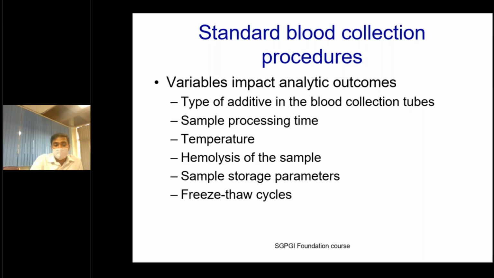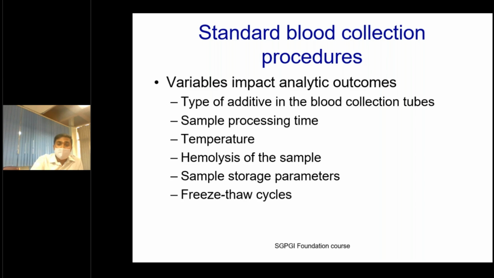So apart from the timing of the sample, there are many other things which can affect the results. That is the tube in which you are sending for the testing. If you are sending for glucose measurement in a plain vial and it is not processed within a few hours, then the glucose values will definitely go down, because the cellular elements in the blood will start consuming the glucose in the blood.